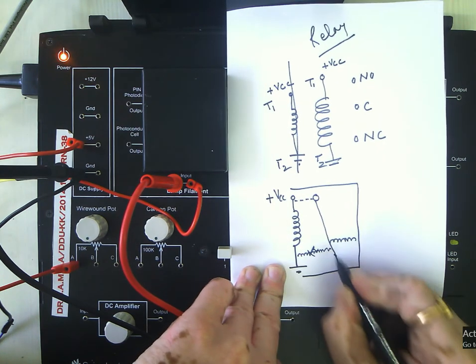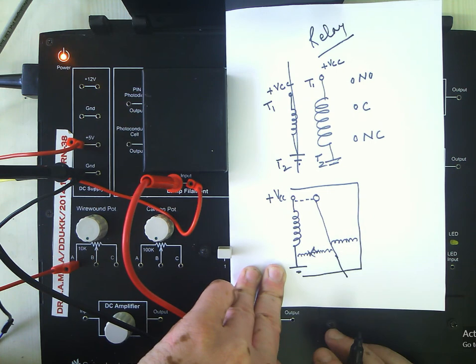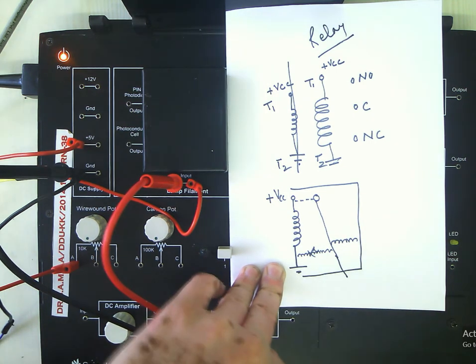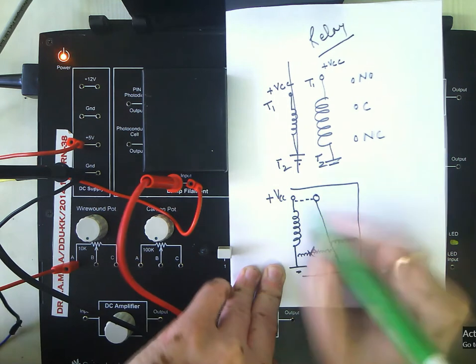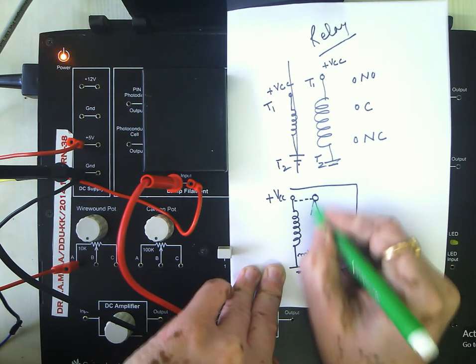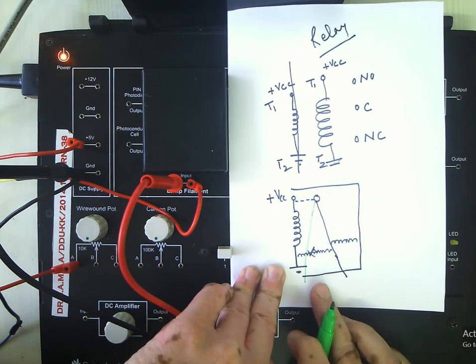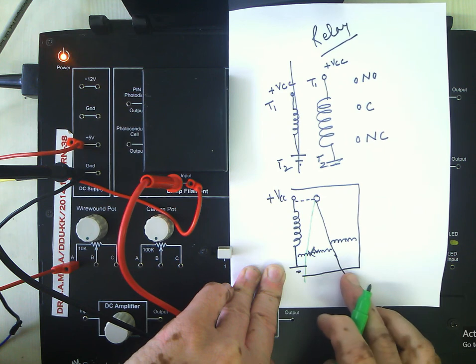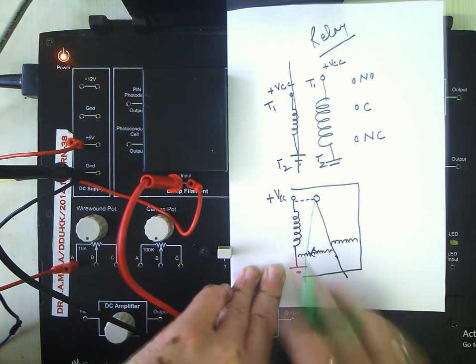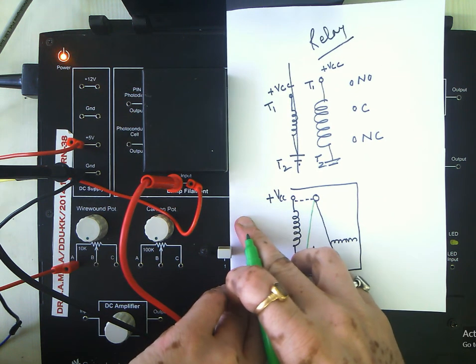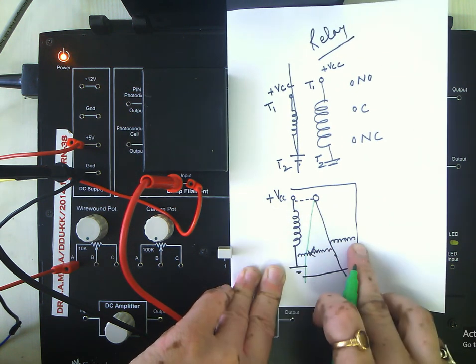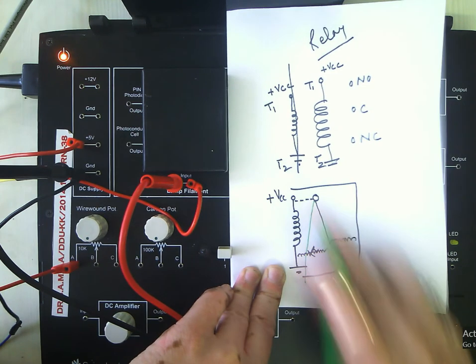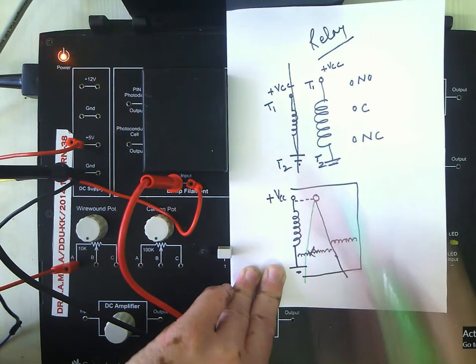So if earlier this was the switching element condition, whenever this relay is energized, this element will have this as the position. So the position will change. And when we remove the signal, because of the action of this spring, this switching element will be back to its home position.